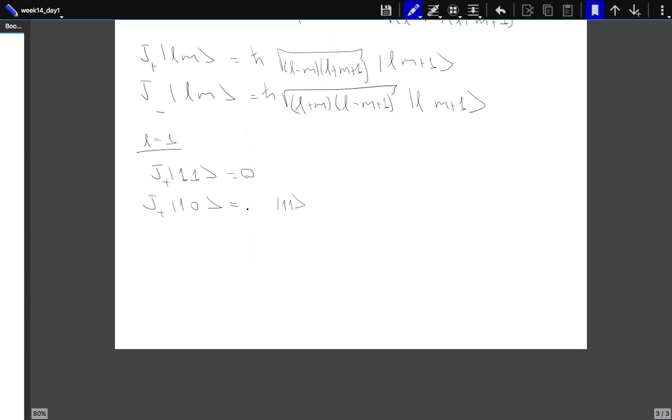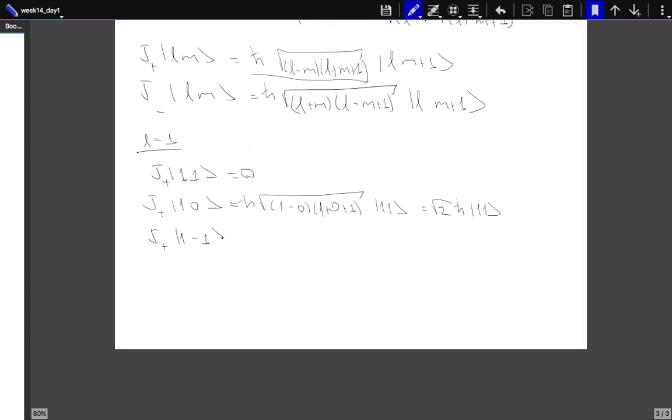What is the coefficient? Square root of 2 h bar. I'll just look at this expression. M is equal to 0, L is equal to 1, so 1 minus 0, 1 plus 0 plus 1. Let me write it explicitly. This is h bar, square root of (1 minus 0)(1 plus 0 plus 1) times 1, 1, or square root of 2 h bar times 1, 1.